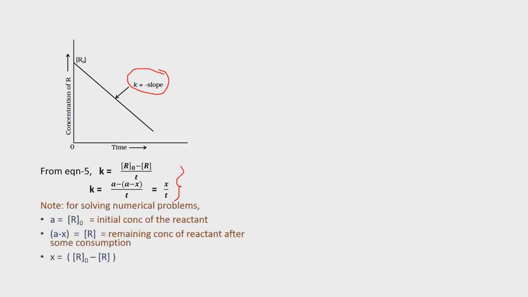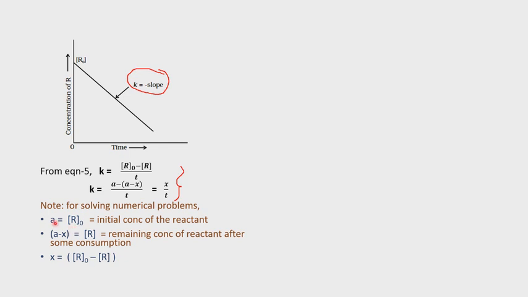Note, for solving numerical problems, A equal to R naught equal to initial concentration of the reactant. A equal to R naught. Students, in some textbooks or some guides, reference books, initial concentration of the reactant is represented with A. In some books, it is mentioned with R naught.